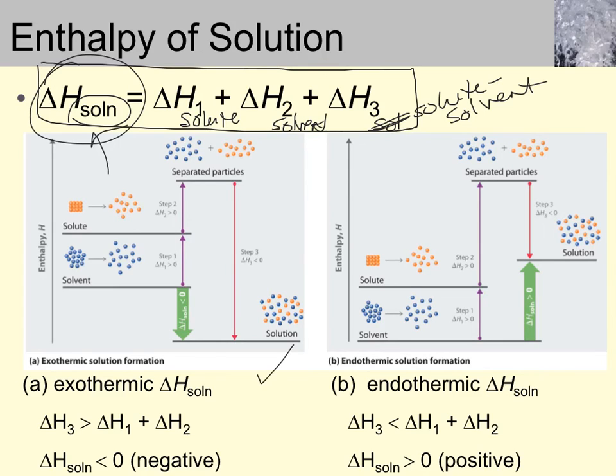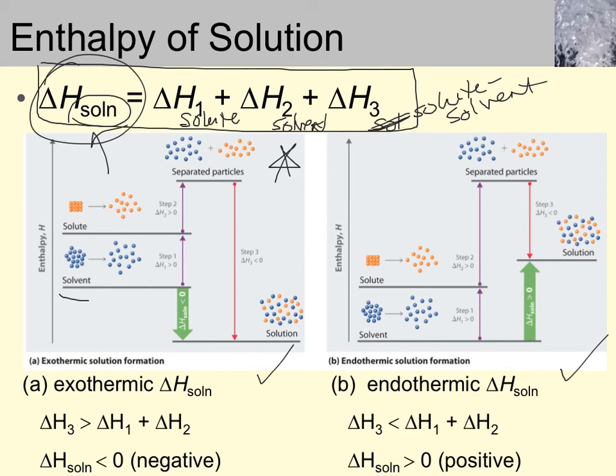Take a look at the diagrams. Make sure that you can interpret them. Again, I guess I'm very visual. These make more sense to me. The picture on the left is showing an exothermic dissolution.